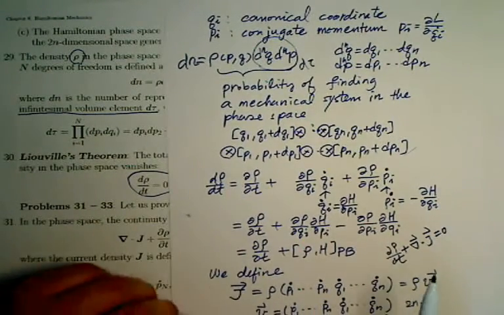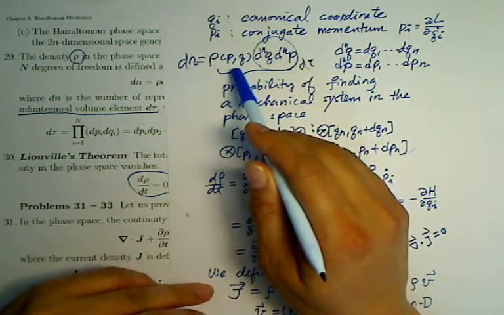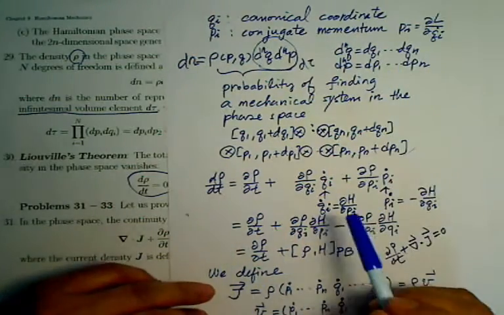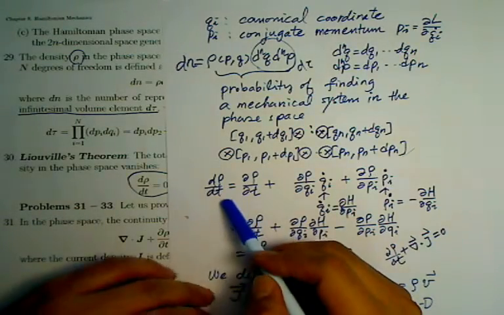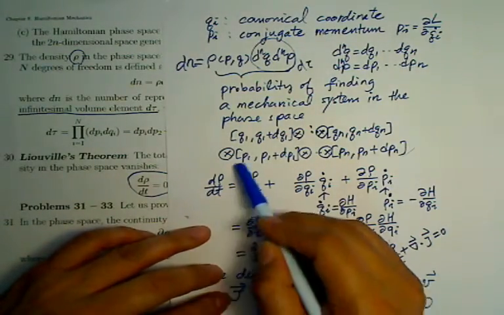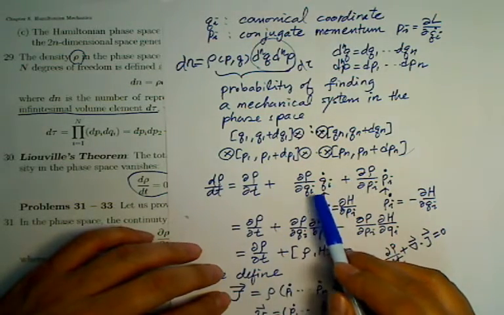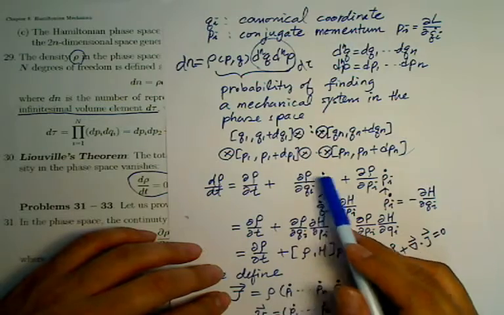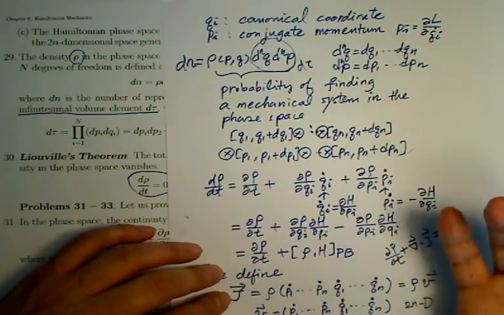Let us first consider the case where rho is a mechanical variable of 2n variables, n coordinates and n momenta. A mechanical variable's total time derivative must be expressed in terms of the sum of the partial derivatives, and by the chain rule, because rho is a mechanical variable, it must be a function of the coordinates of the phase space.